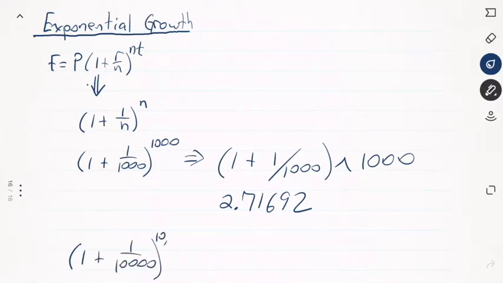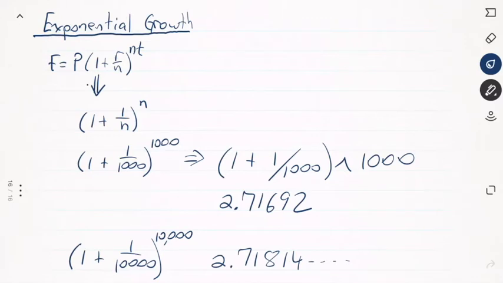And then if I make it 10,000, it gets closer to another number. So same thing, I'm going to do 1 plus 1 over 10,000, just an extra 0, and then raise to something with a 1 and 4 zeros after it. So this turned out to be 2.71814, and a lot of other decimals after it.